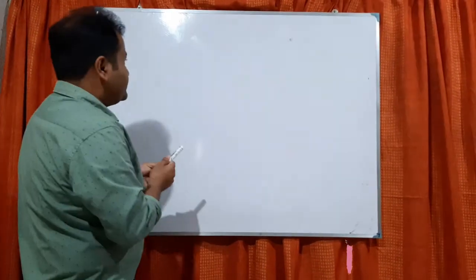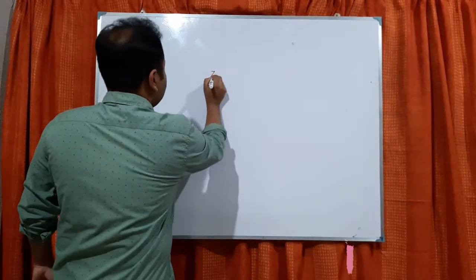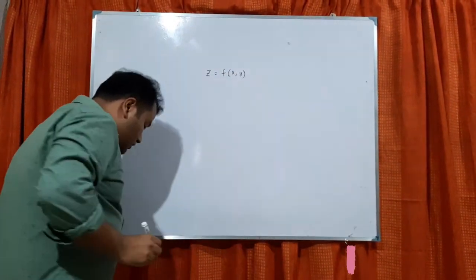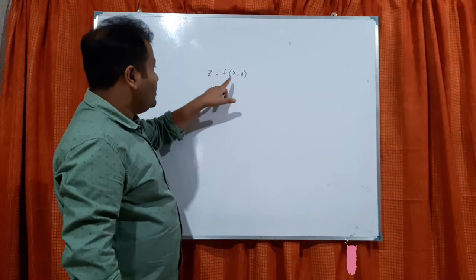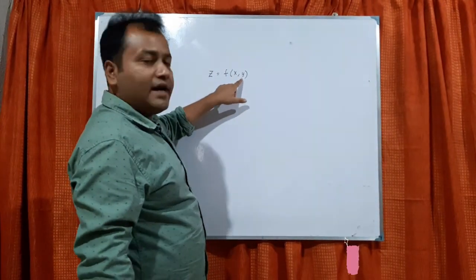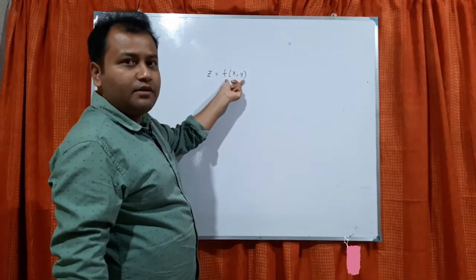So suppose z is a function of x and y. Now look into this function. Within the function there are two arguments, x and y. That's why this is called a multivariable function.